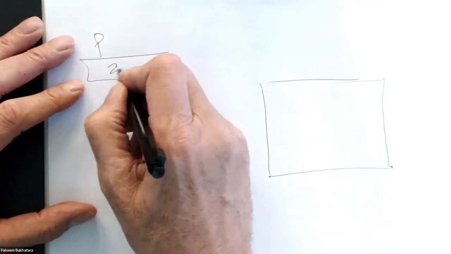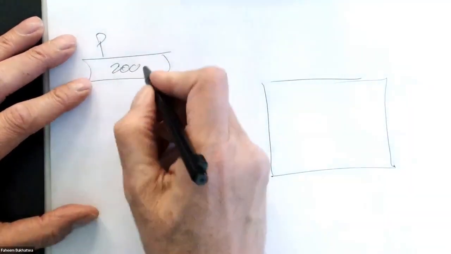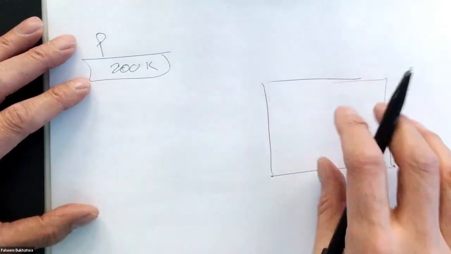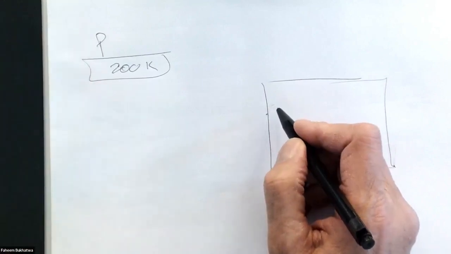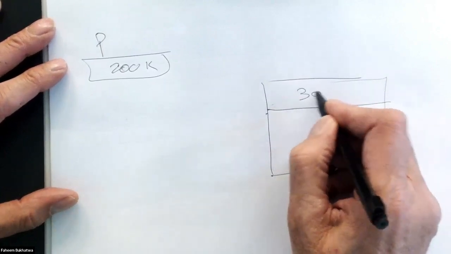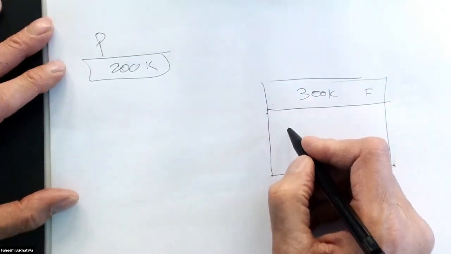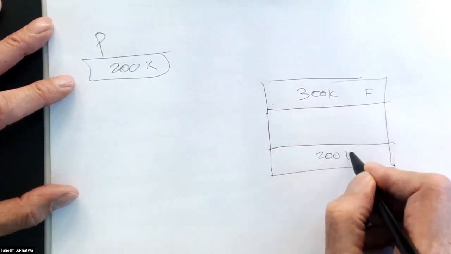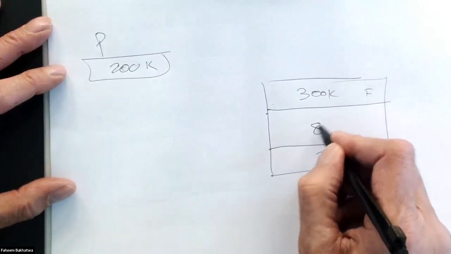Let's make another point. The program needs 200K, and this is what we have, the 3 blocks at the moment. We have a block that's 300K, and we also have a 200K, and 800K.